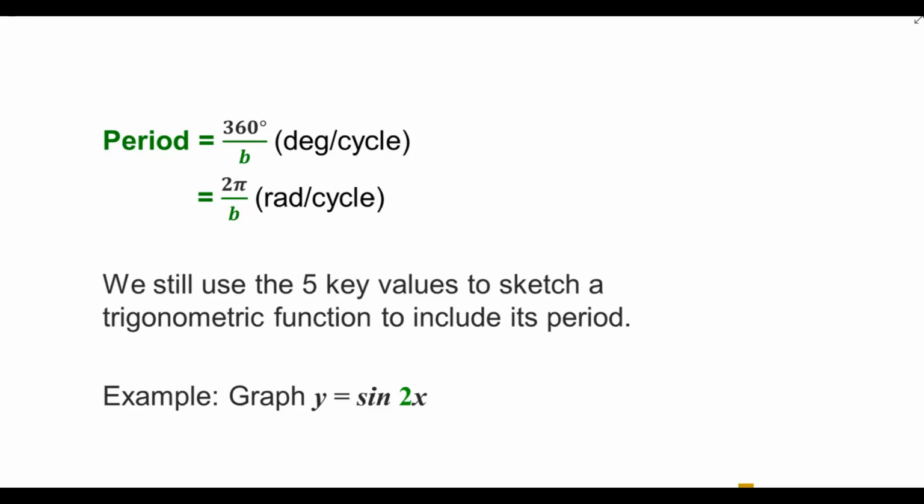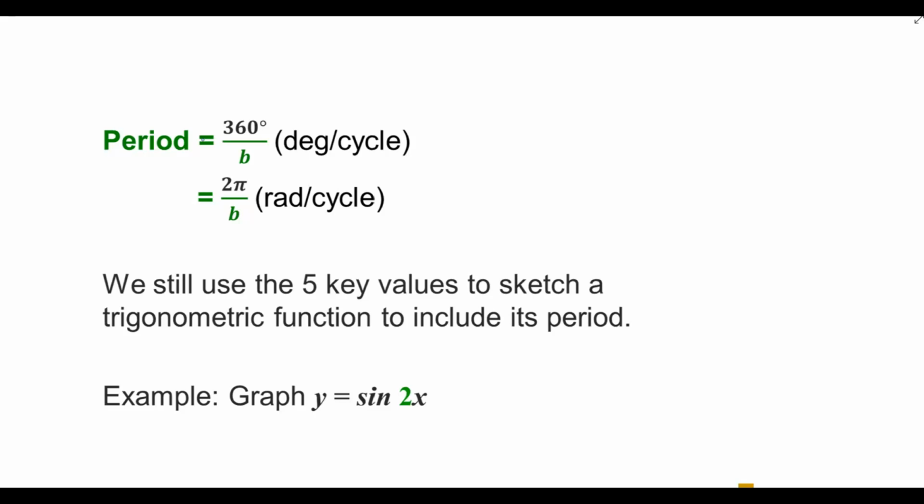If we're working in degrees, the period is equal to 360 degrees divided by b, whatever the b value is. If we are working in radians, then the period is 2 pi divided by b. We will still use the 5 key values to sketch the trigonometric function to include its period.